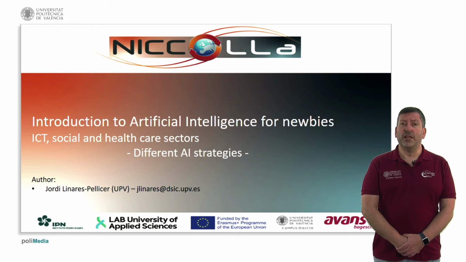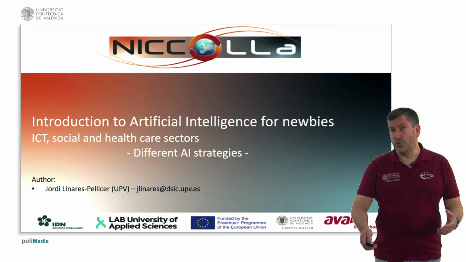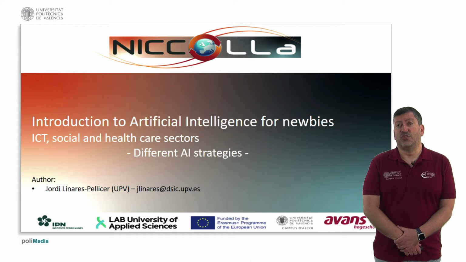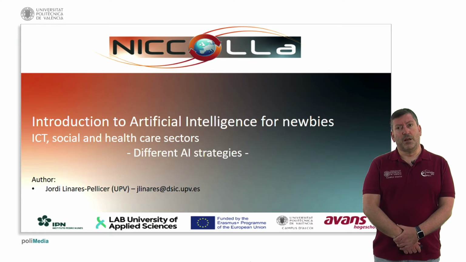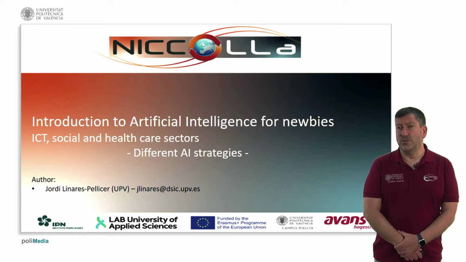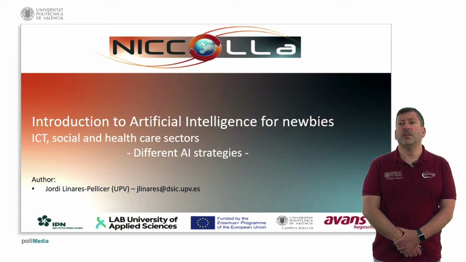So we are going to describe the most important strategies we have when we develop artificial intelligence, and we are going to do that without too much detail. So just a general introduction, to give you an idea of what kind of things and technologies we have available in order to make artificial intelligence, or AI.